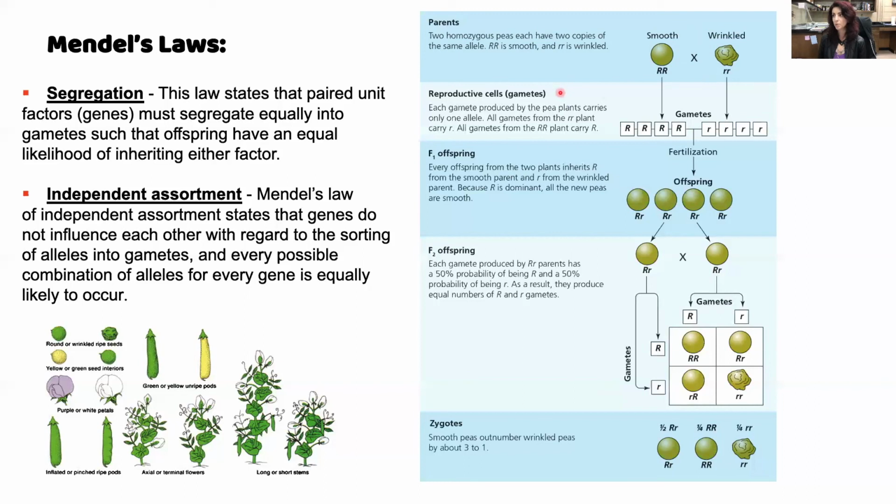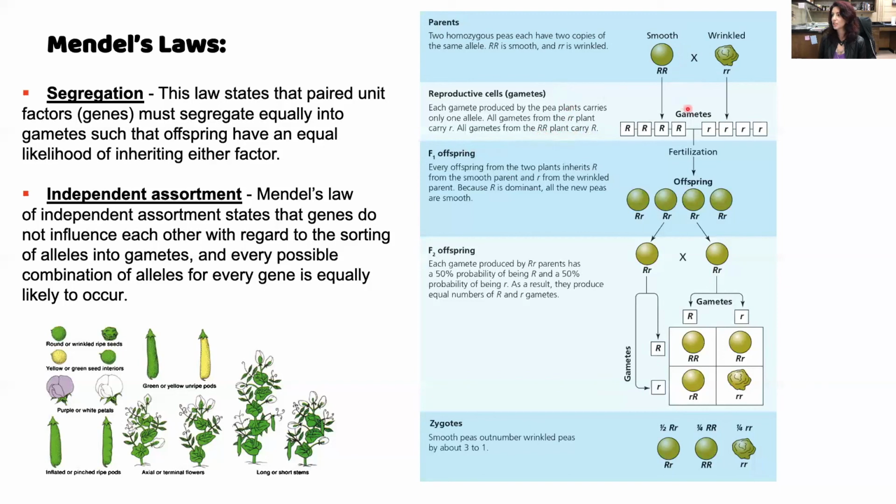Each gamete produced by the pea plant carries one allele. All gametes from the double recessive plant, or the homozygous recessive plant, carry the little r allele. All gametes from the big R plant carry only big R because it is homozygous dominant.